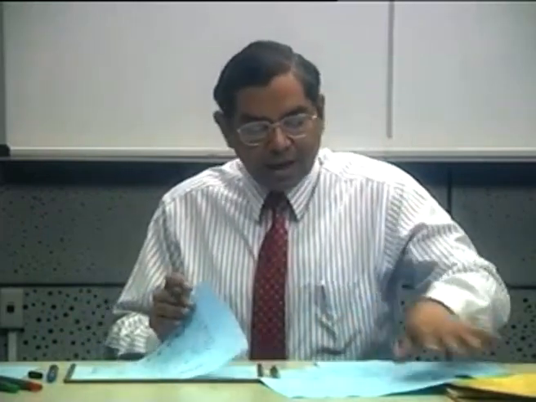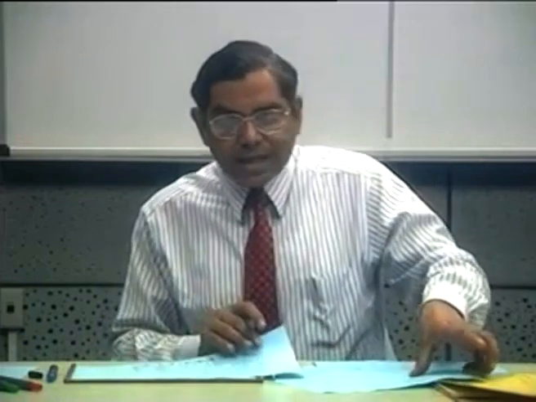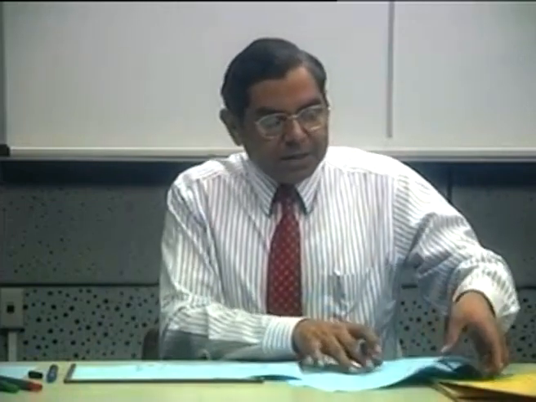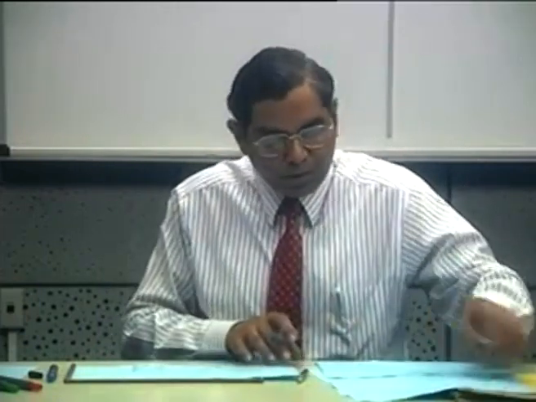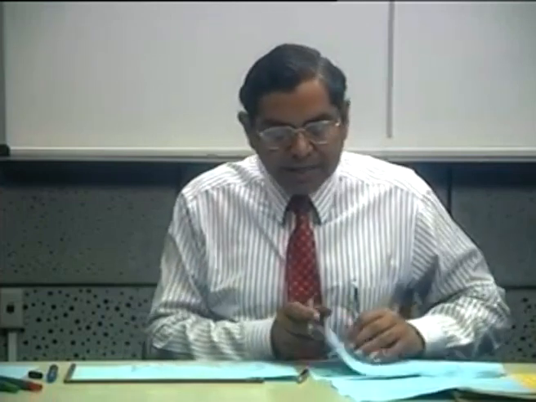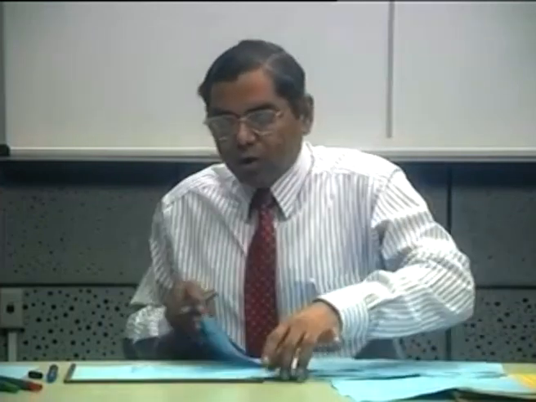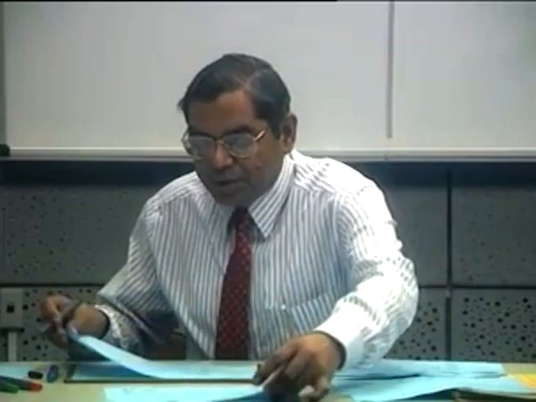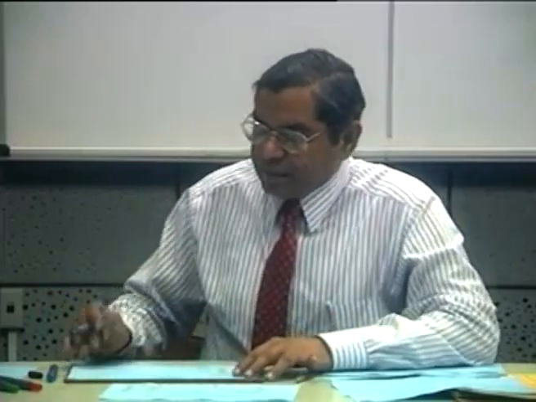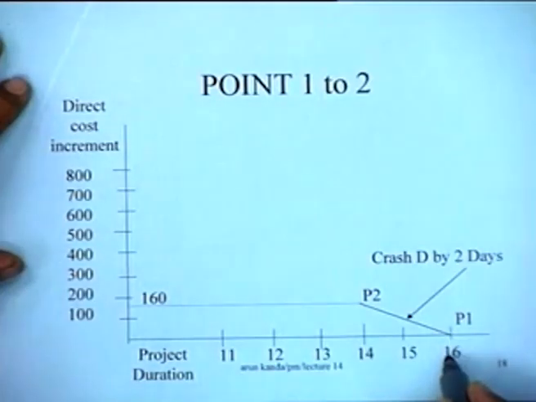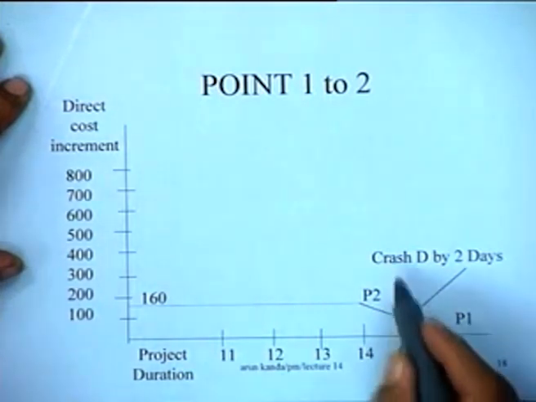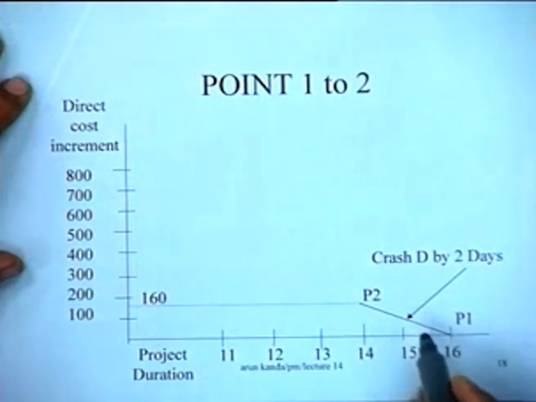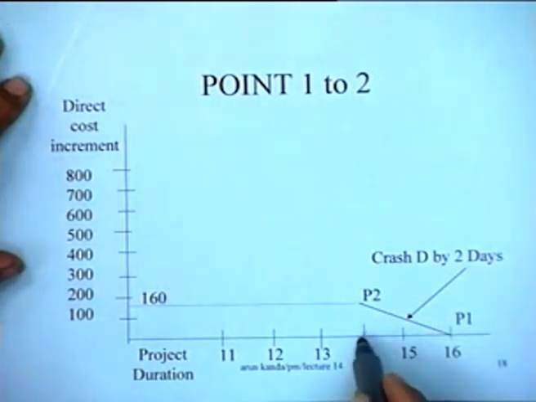So let us now, what has happened is that at this particular stage, we have identified what we can do. We have said that the normal project duration is 16, which is the point P1, which is where we were. If we crash D by 2 days, the project duration will reduce to 14 days.